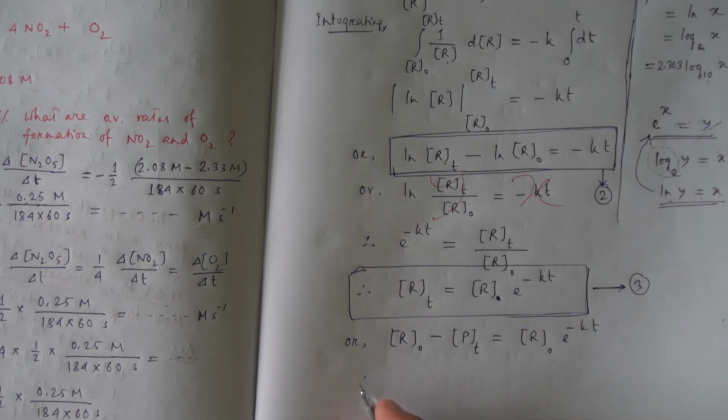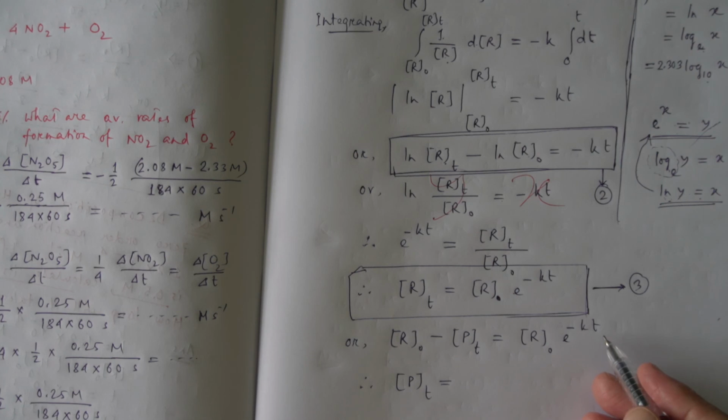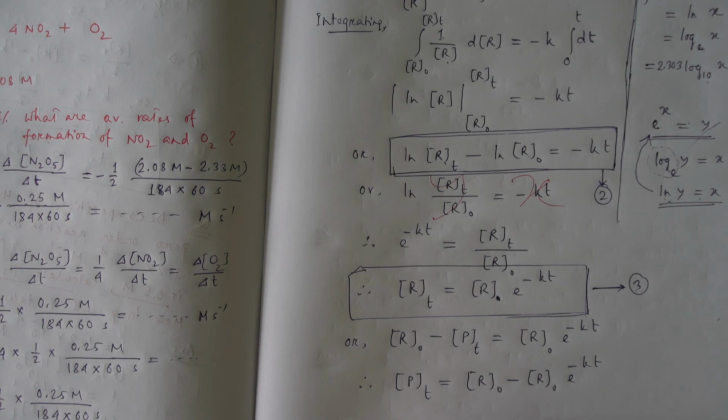Hence pt will be equal to r naught minus r naught e to the power minus kt, and that is equal to r naught into 1 minus e to the power minus kt. Okay, pt.